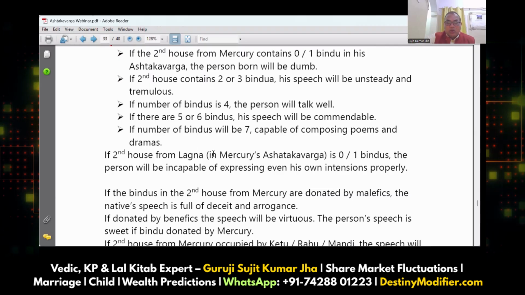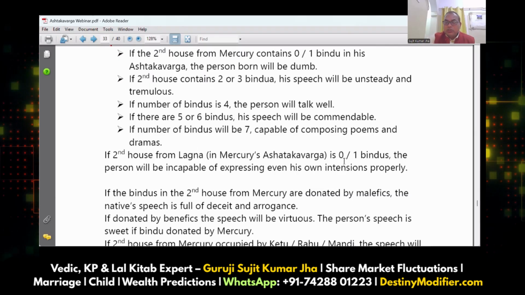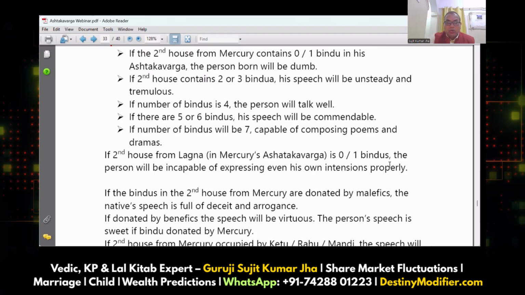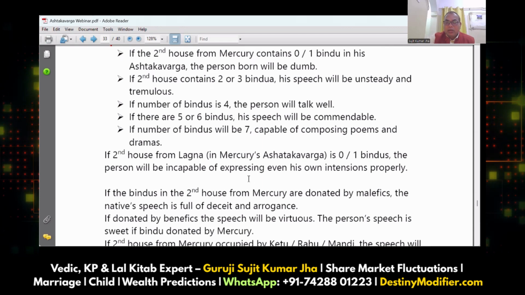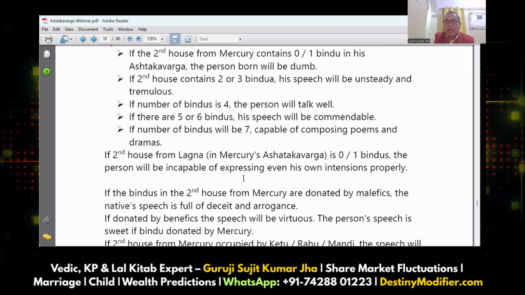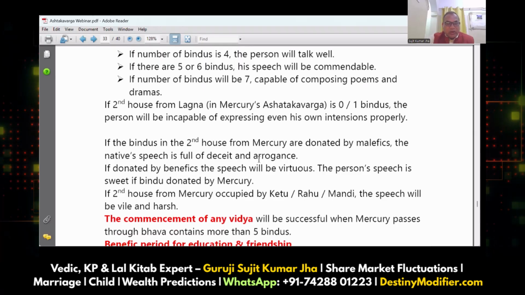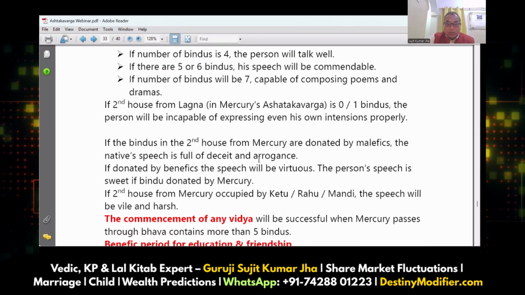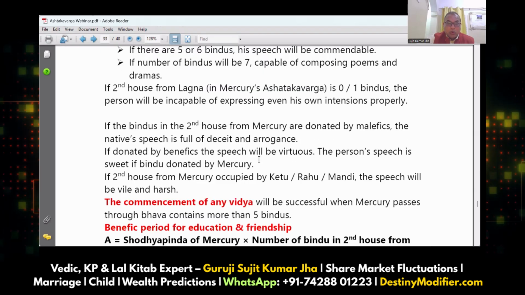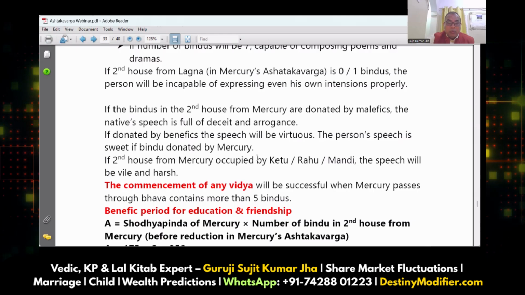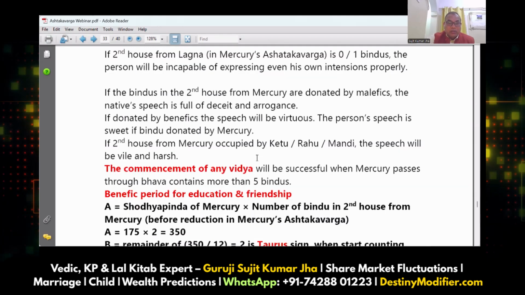So the second house from Lagna in Mercury Ashtakavarga, with 0 or 1 bindu, the person will be incapable of expressing what he has to speak. So the prediction given by Ashtakavarga is more accurate and fast. You only have to know the rules and observe the chart, how many points are there.